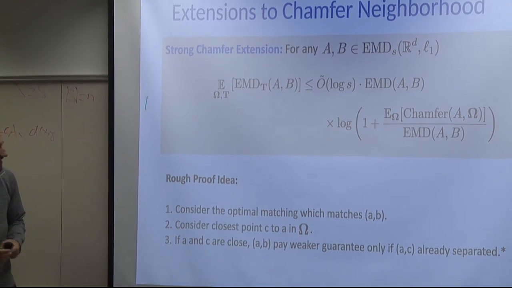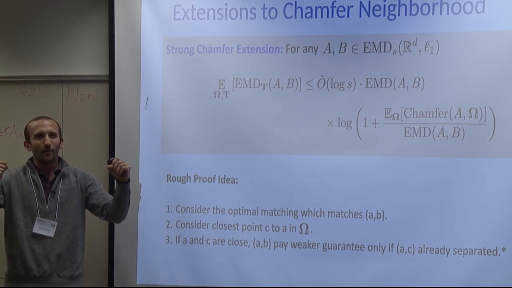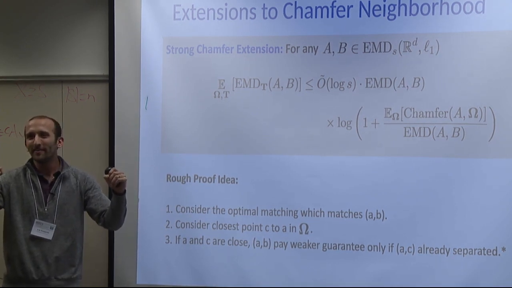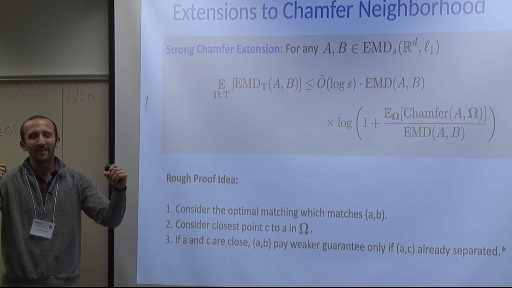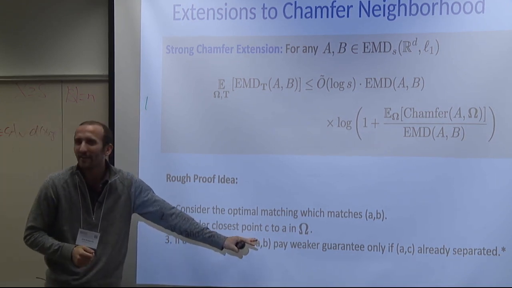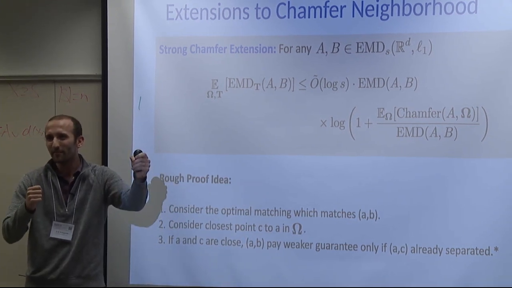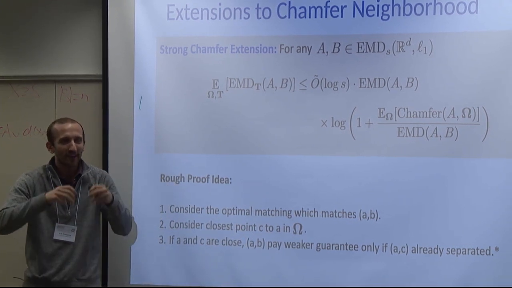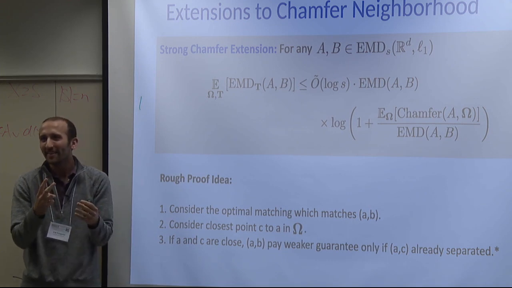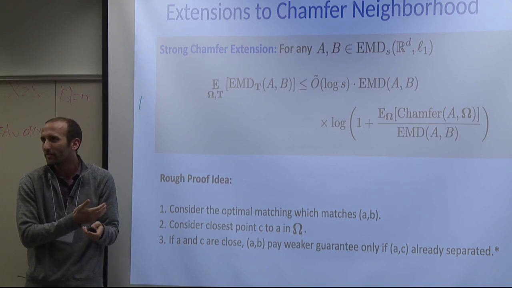And the point is that if A and B are close, when do you pay the weaker weights of AIK? It's the moment that you had split AB, but you had also split A from C. So in order to pay these weaker guarantees, two bad things needed to happen. And it turns out this is enough to get these better distortion guarantees.